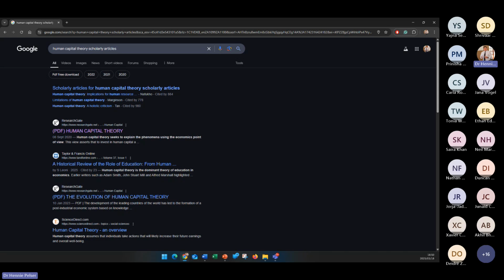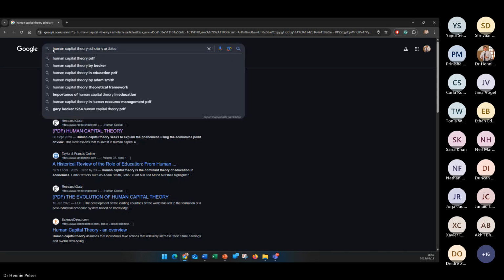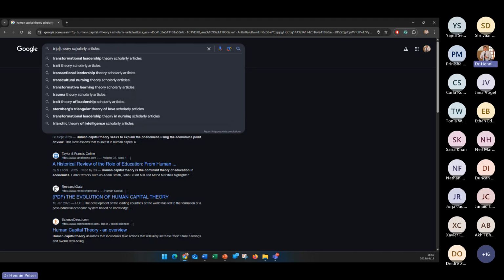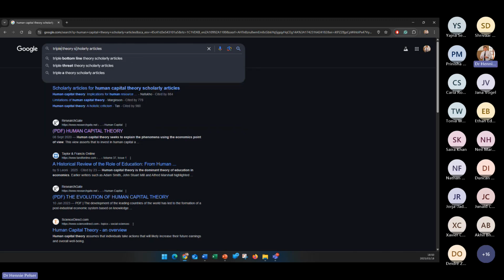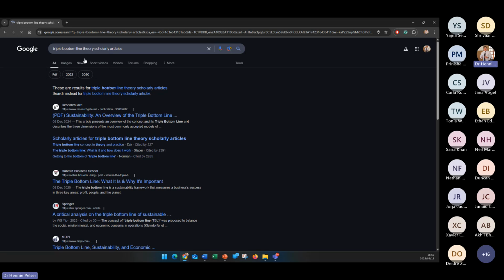So in terms of yours, I'm going to cheat a bit, because you and I both know triple bottom line. So definitely a triple bottom line theory, a sustainability theory. And then corporate reputation: go and search corporate reputation theories or reputation management theories.